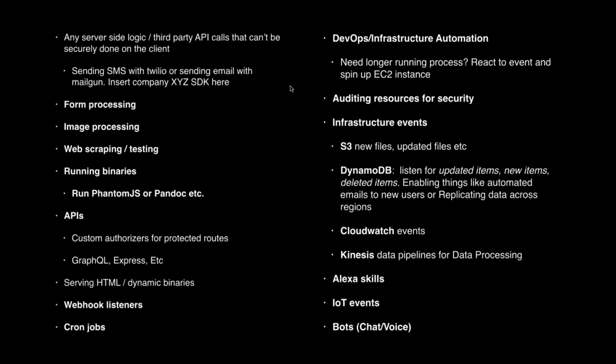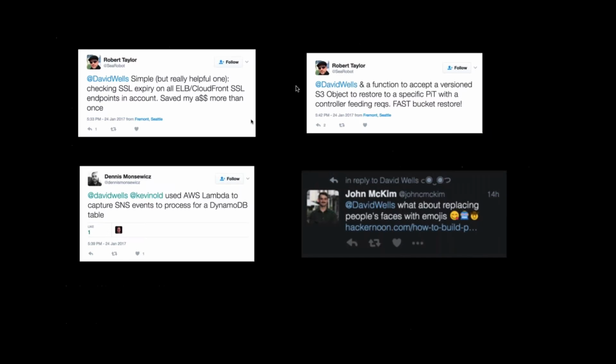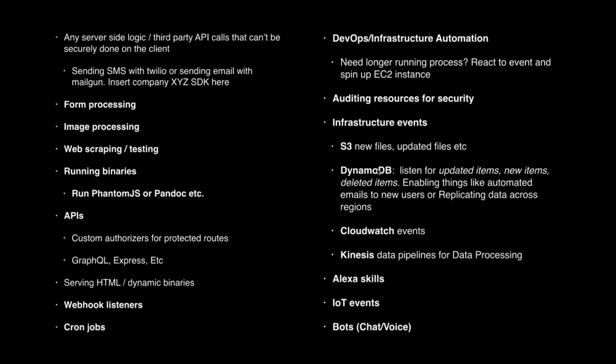So one of the reasons why there's a star on everything is this one right here. There is a limitation with running code on Lambda, and the limitation right now is you can only run a Lambda function for a maximum of 5 minutes. So if you do have processes that run longer than 5 minutes, Lambda might not be the best thing to run that process-heavy thing on. But that's not to say that you couldn't automate that process.